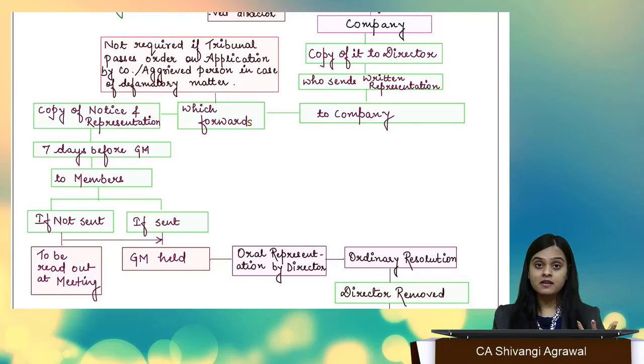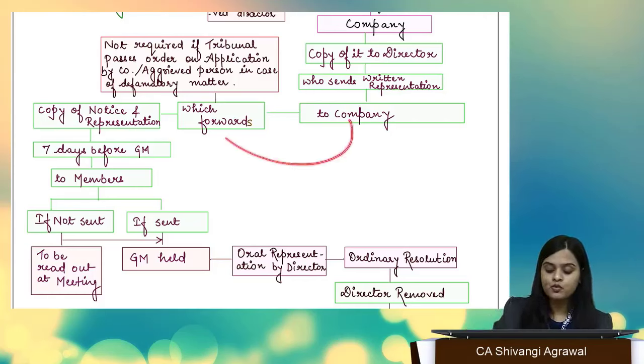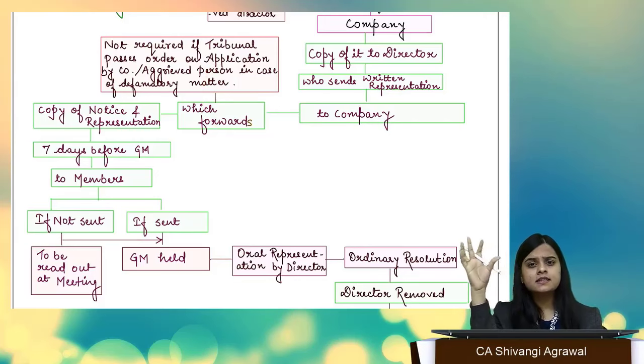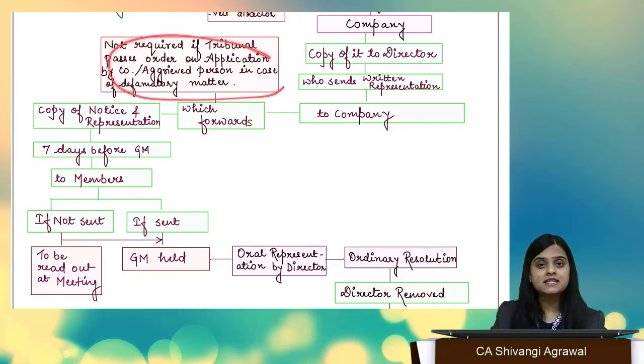Now, when the written representation reaches the company and they read it, they get disturbed. And they feel that how can we let this be circulated to our members? So to seek a solution, they may move to the tribunal. So they make an application and they say that we understand that the director has a right to make a representation, but such type of representations that he is making cannot be circulated.